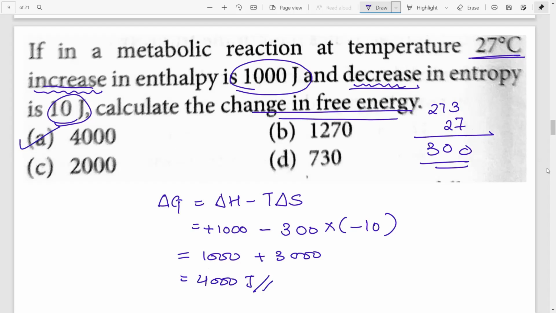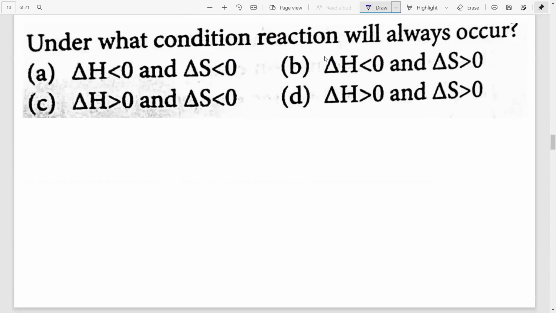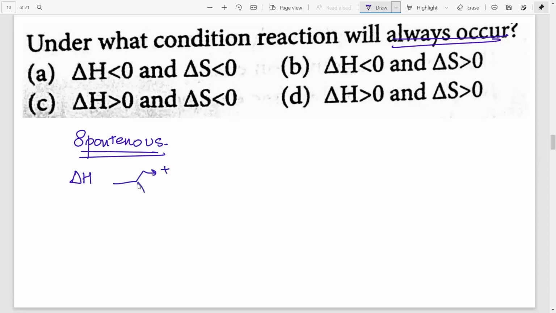That's simple to solve. Next question: under what condition will a reaction always occur? Meaning, when is the reaction spontaneous? In terms of delta H, delta H can have a positive value and a negative value. Positive is when you have to provide heat, that is for an endothermic reaction.